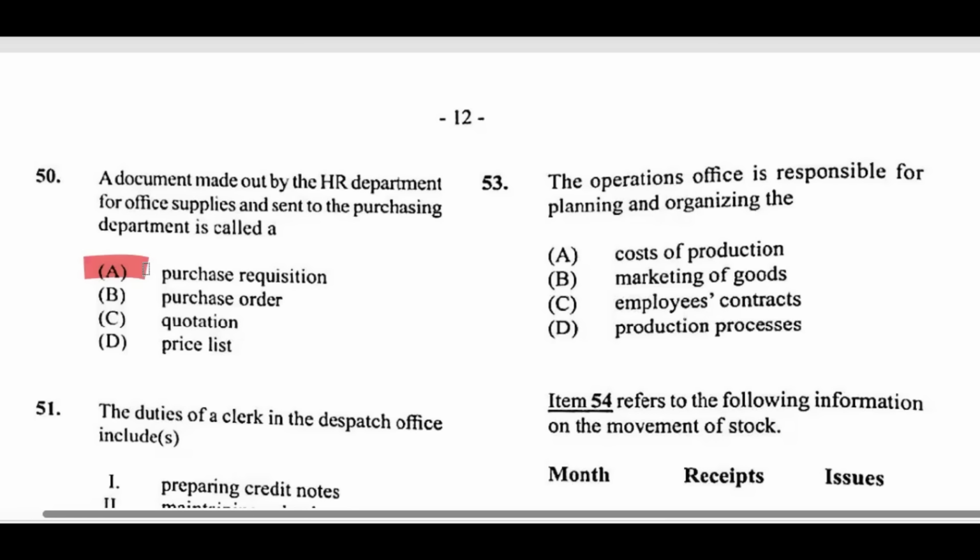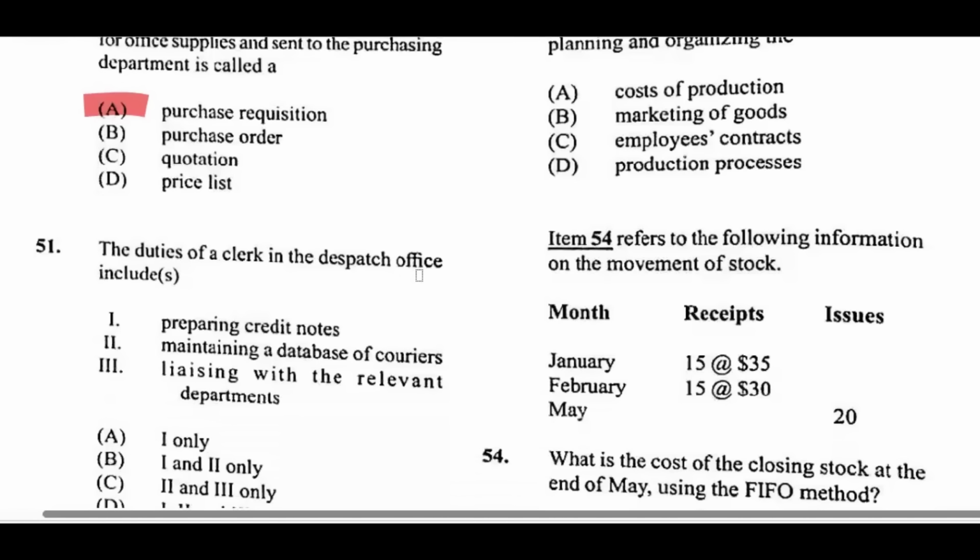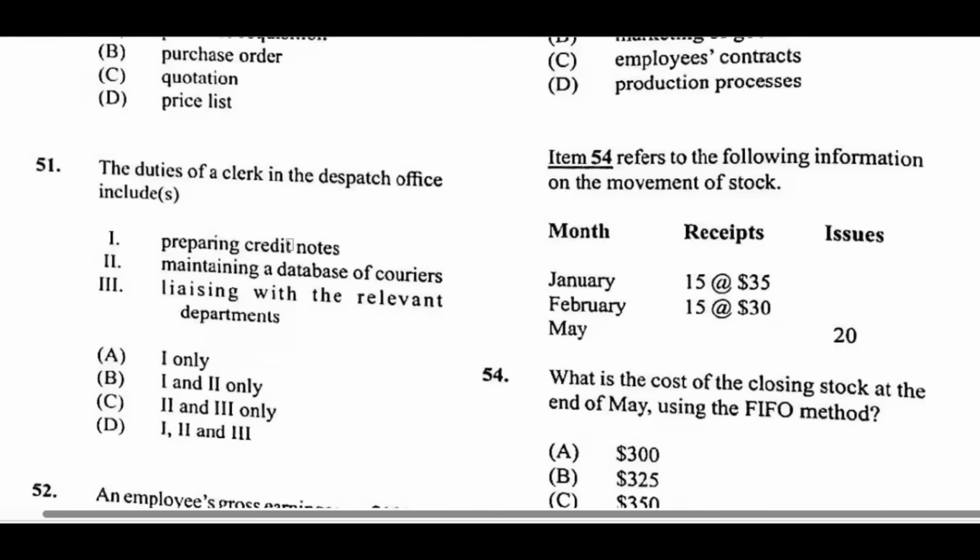Yeah, beautiful question. 51. The duties of a clerk in the dispatch office includes preparing credit notes. This came from that topic, factory, also known as operations, dispatch, and transport department.